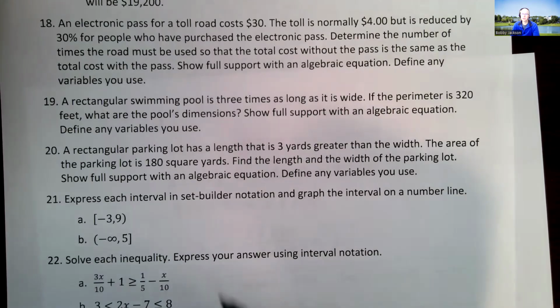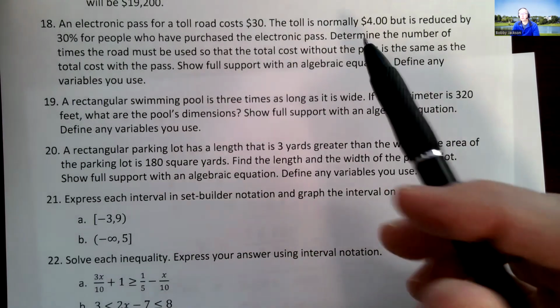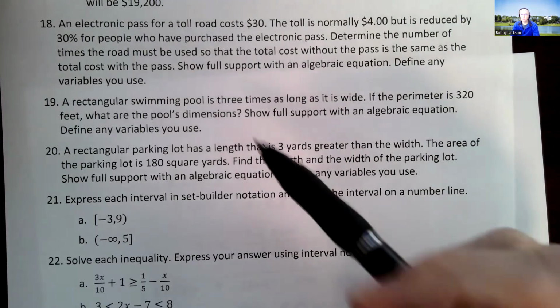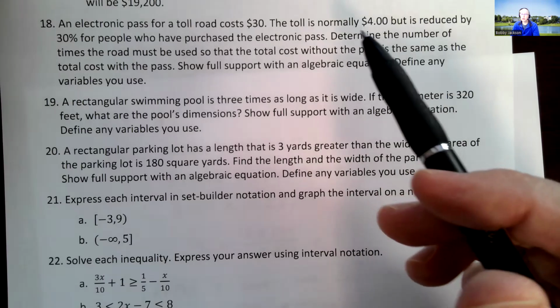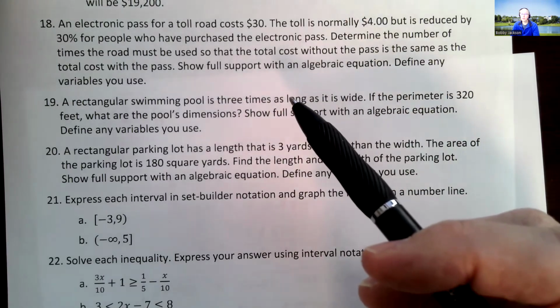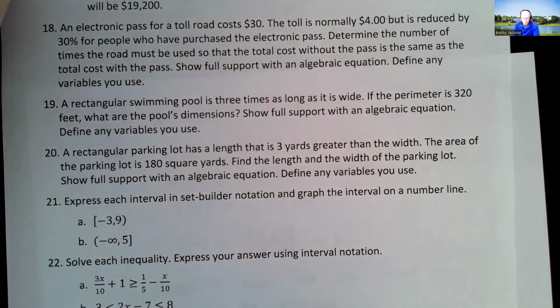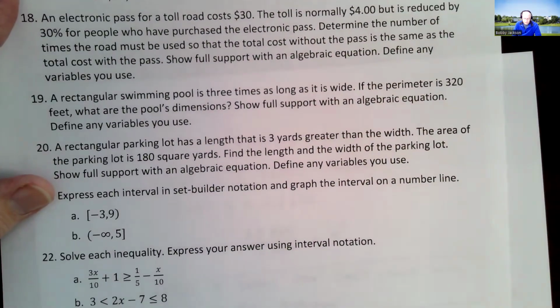With the pass, it would be $30 plus whatever that reduced price is. So obviously, if we were just going to do it once, we would not want to buy the pass. But eventually, if there were many times we cross the toll road, the reduction in price with the pass would be the better option. So the variable is indeed the number of times the road must be used.